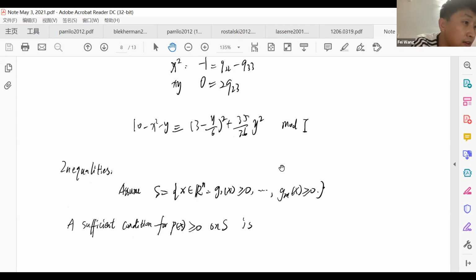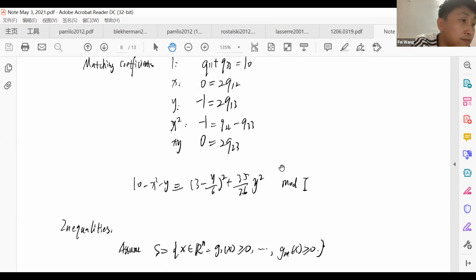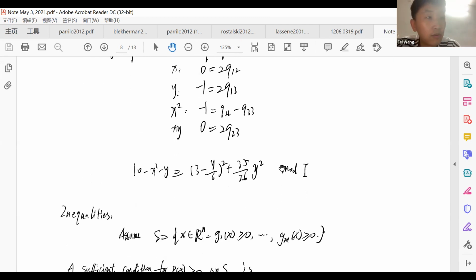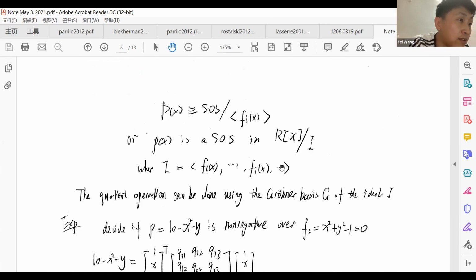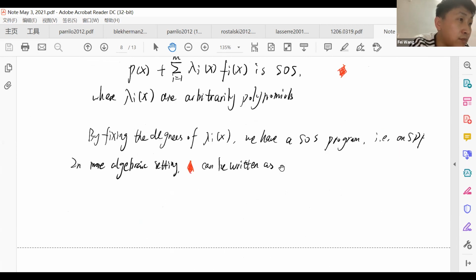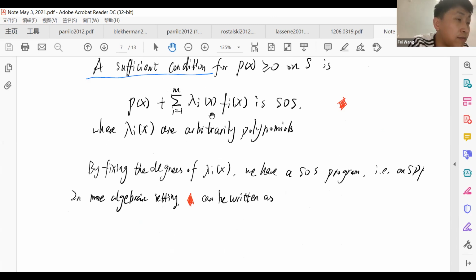So this quotient operation over a ring is definitely more powerful than simply fixing the degree, right? If we fix the degree, then we only have a small subset of candidates.